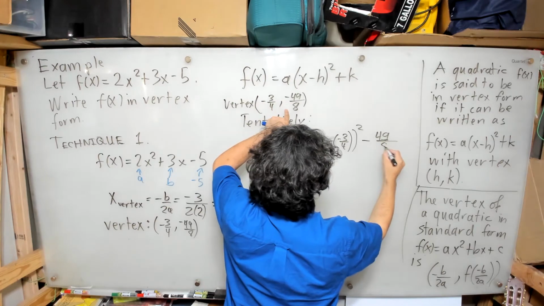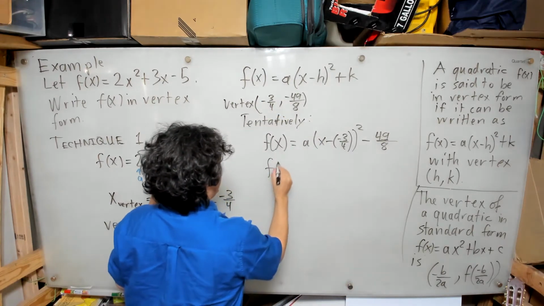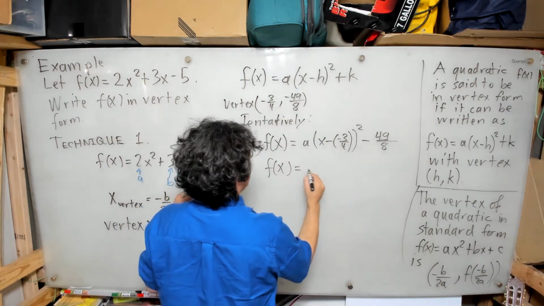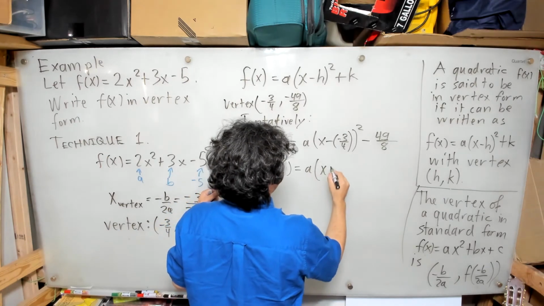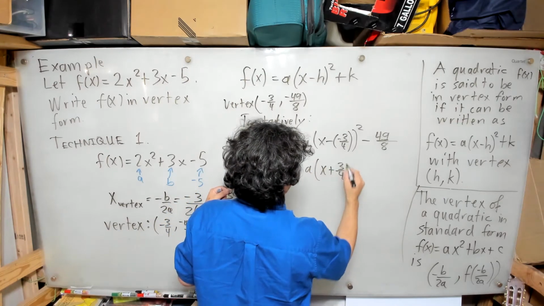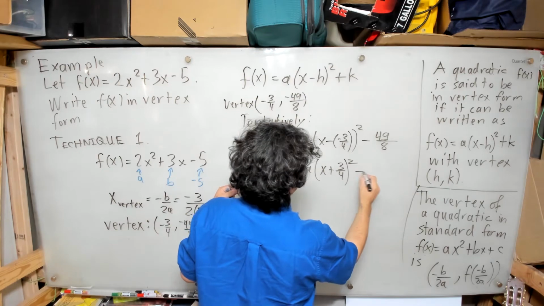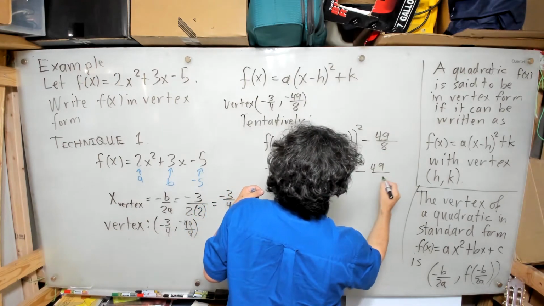And let me just rewrite that one more time here. f of x equals a times x plus 3 over 4, squared, minus 49 over 8.